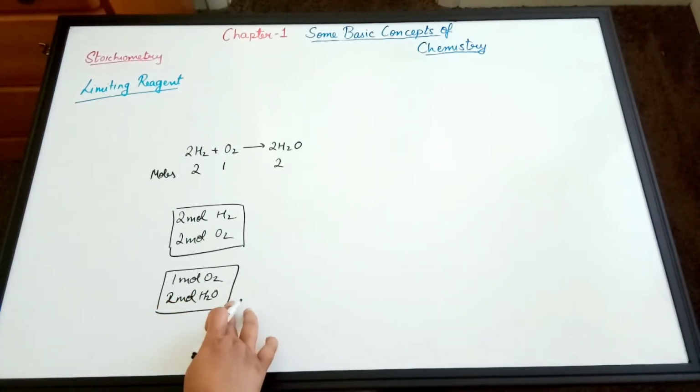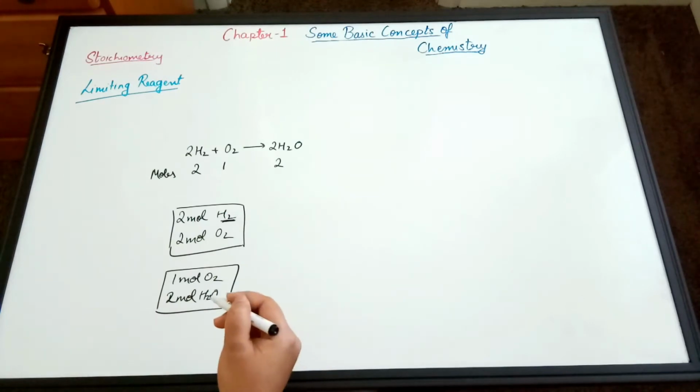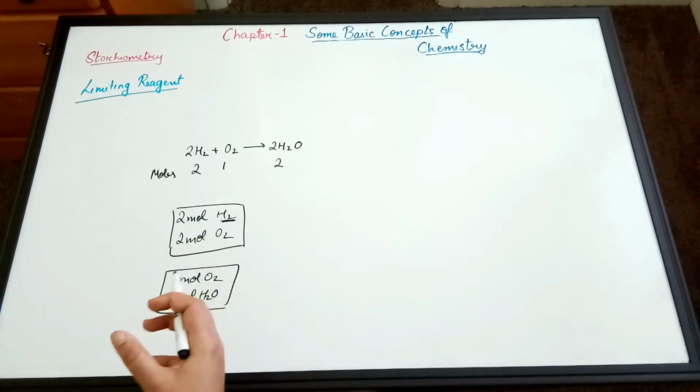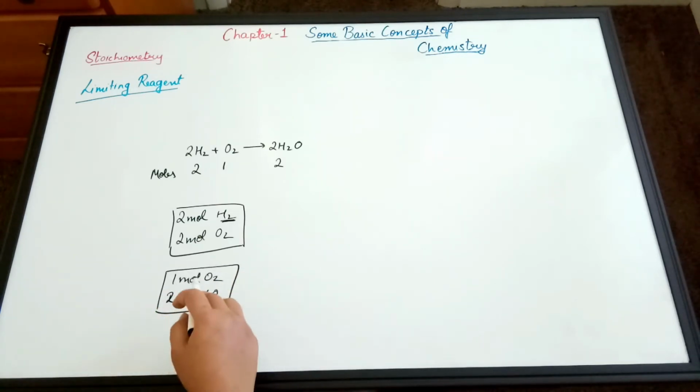Okay. So this means that the hydrogen over here is the limiting reagent because it is being used up completely in the chemical reaction, whereas the oxygen is the excess reactant.